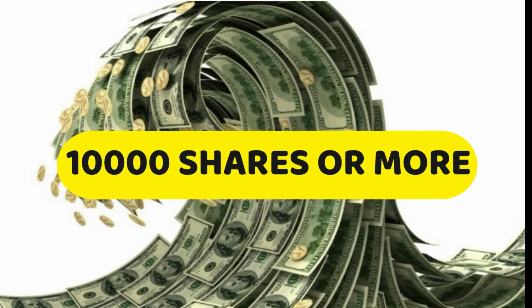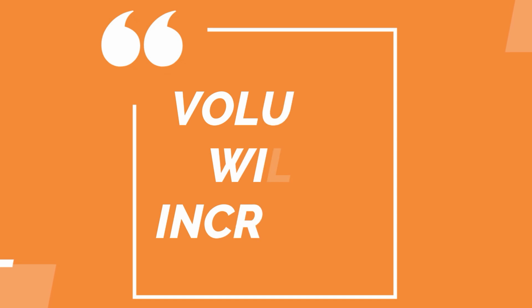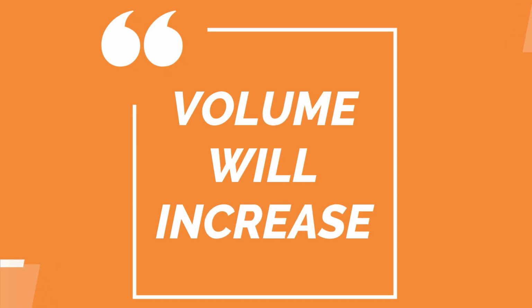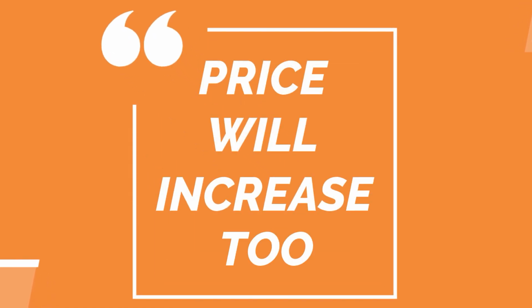And if they were to buy 10,000 shares from the open market, it would start reflecting in volumes. Besides, because they are buying large chunks of shares, the share price also tends to go up. Usually, institutional money is referred to as smart money.